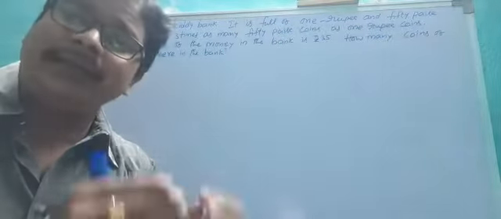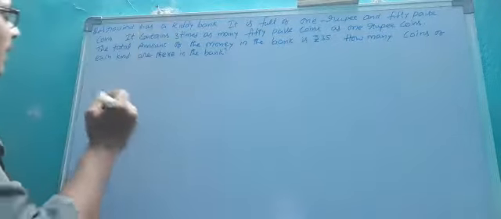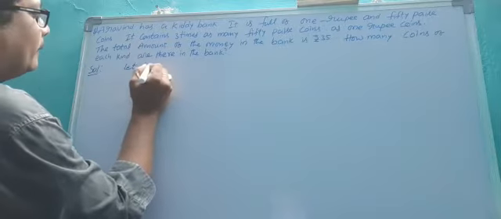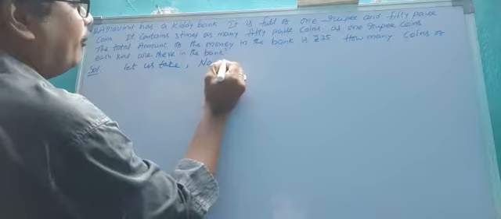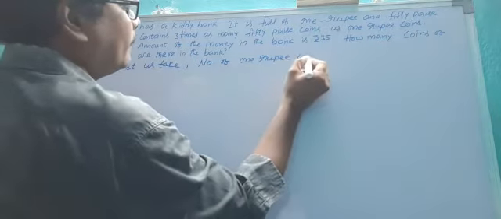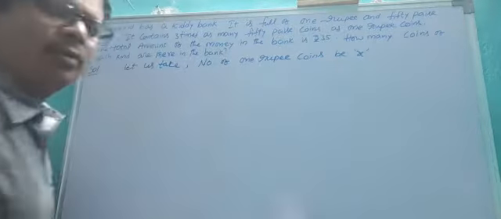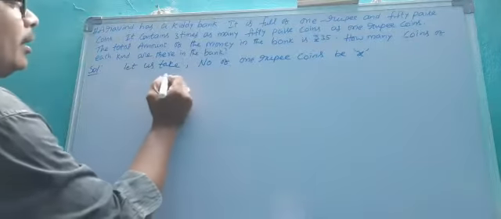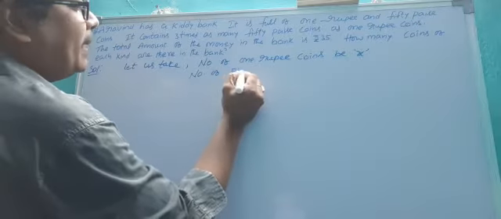Here x indicates a number, but it is an unknown quantity. Let the number of 1 rupee coins be x.